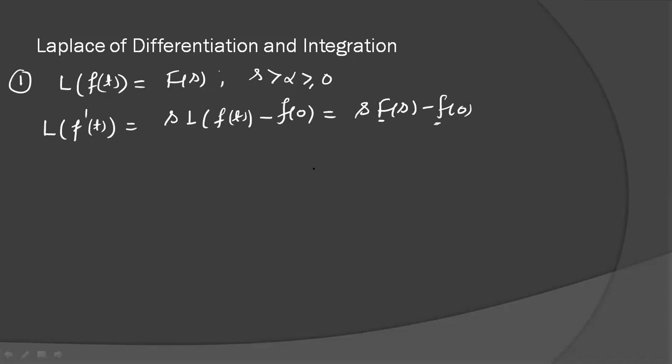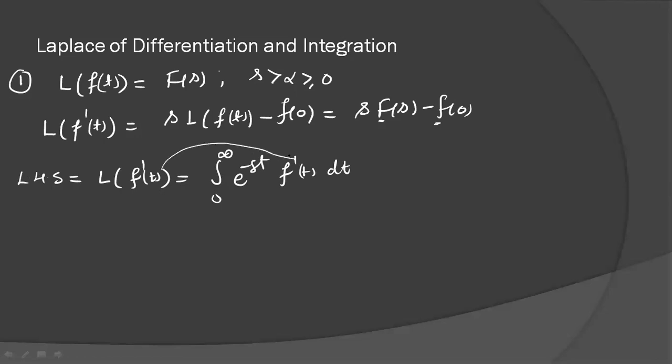So let's see what is the proof of this. LHS is Laplace of f dash t. It is the integral from 0 to infinity of e to the power minus st f dash t dt. We can replace f dash t here with the multiplication of e to the power minus st. I am assuming f dash t is the second function, because the integration of f dash t dt will be f(t) only.